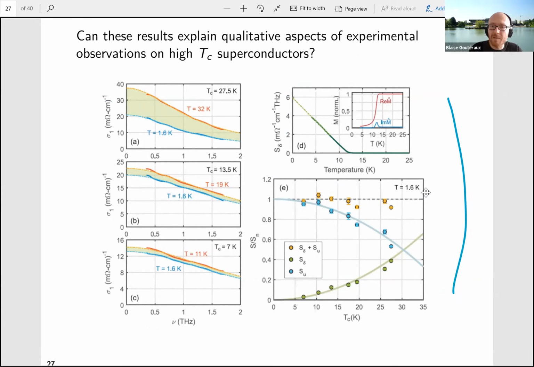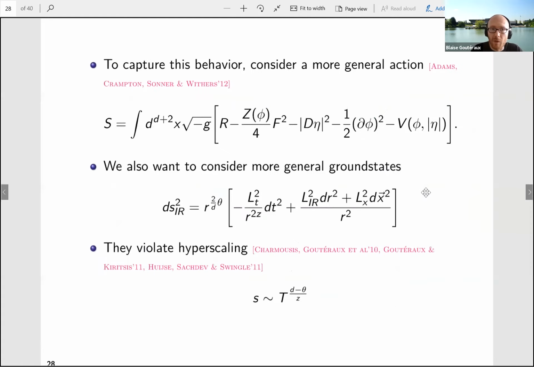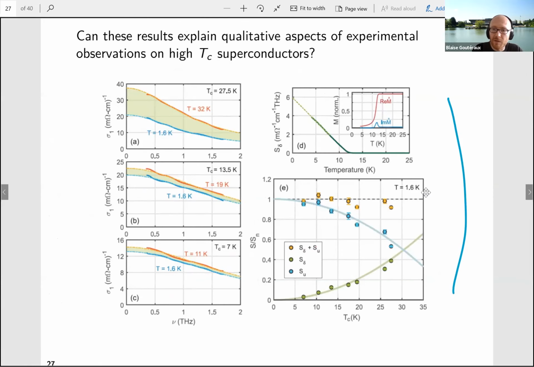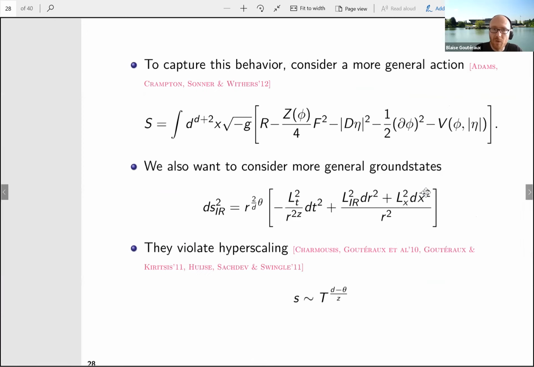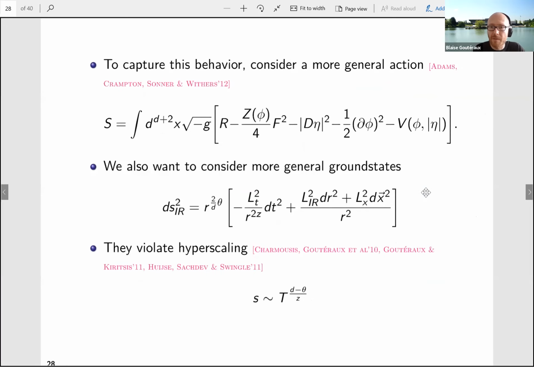Let's see now if we can explain qualitatively, or at least understand qualitative aspects of these results. To capture the type of behavior that is shown in this plot, we want to consider a more general gravity action. So now I'm introducing some neutral real scalar that is not going to condense.